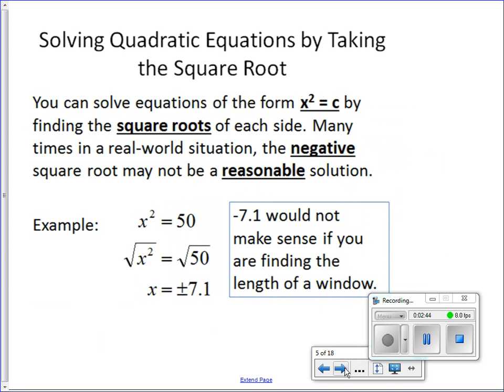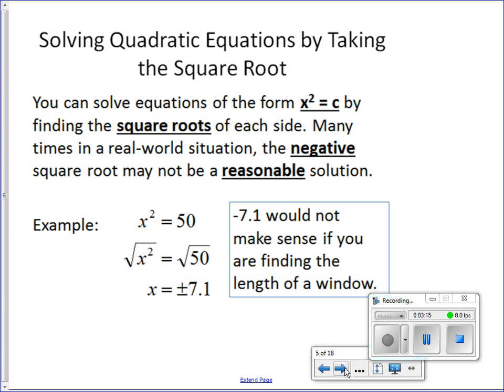Solving quadratic equations by taking the square root. If a quadratic equation is in the form of x squared equals c, you can solve it by finding the square root of each side. Many times in a real-world situation, the negative square root may not be a reasonable solution. For instance, in the box, negative 7.1 would not make sense if you were finding the length of a window.